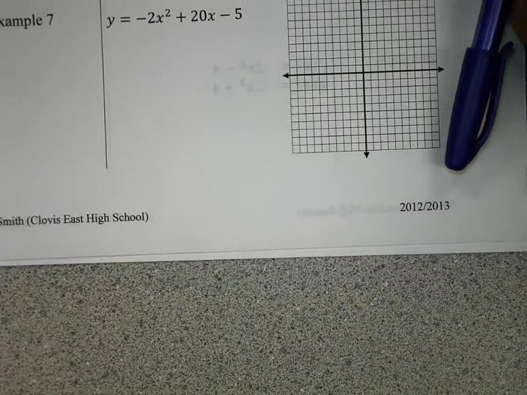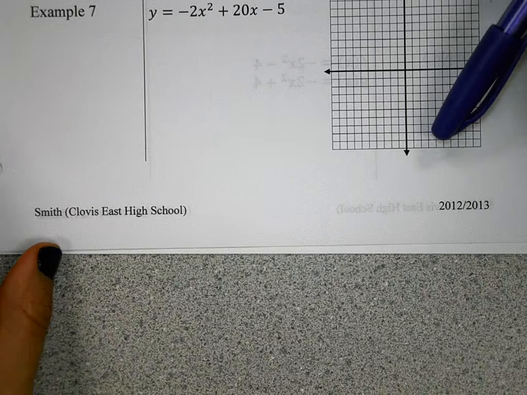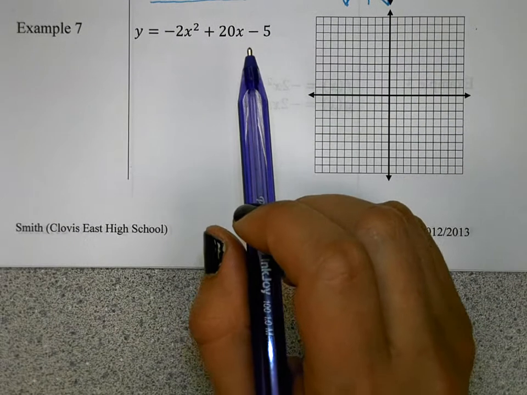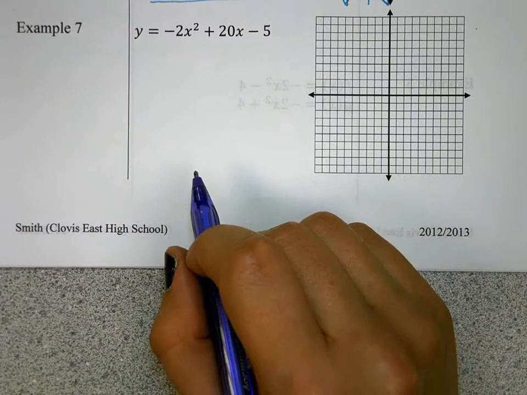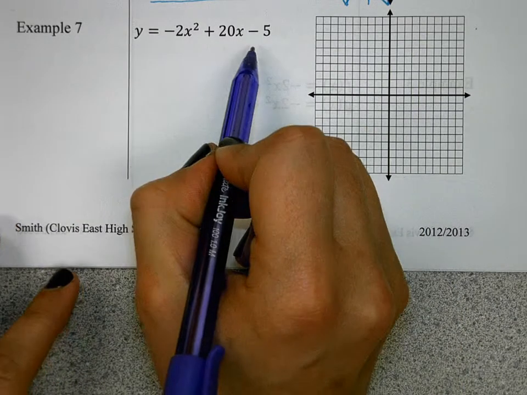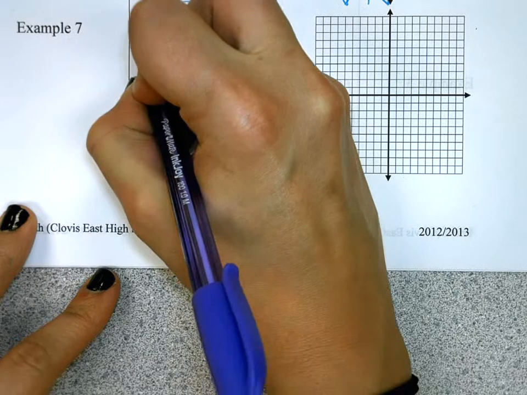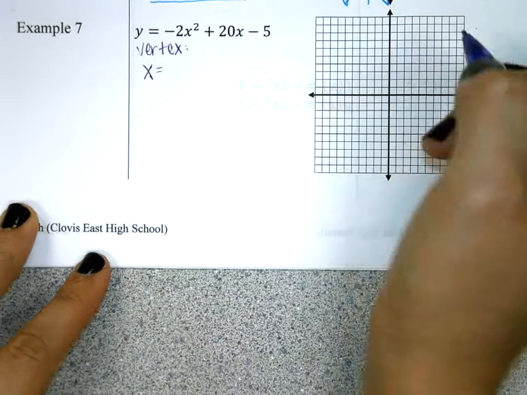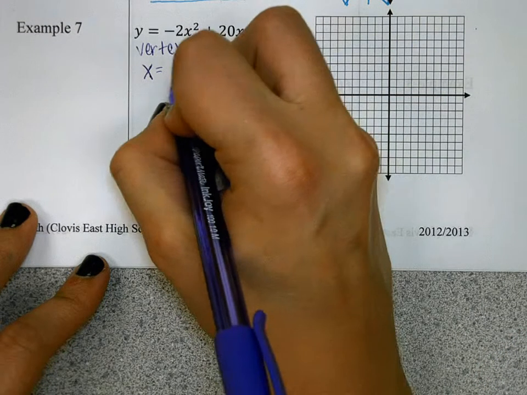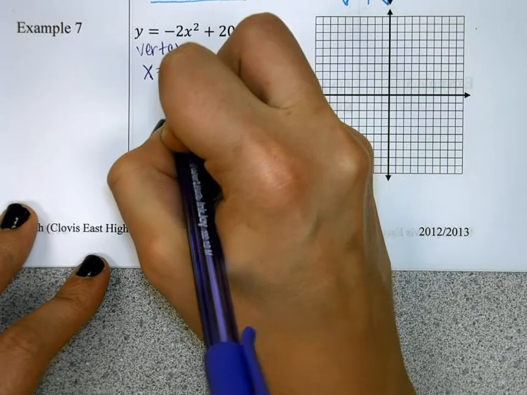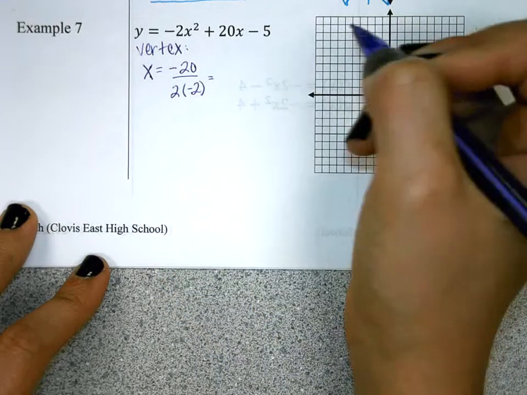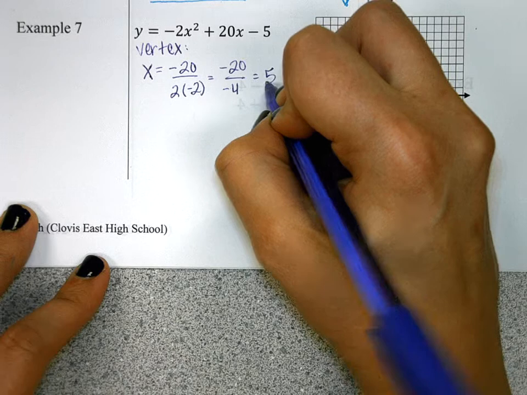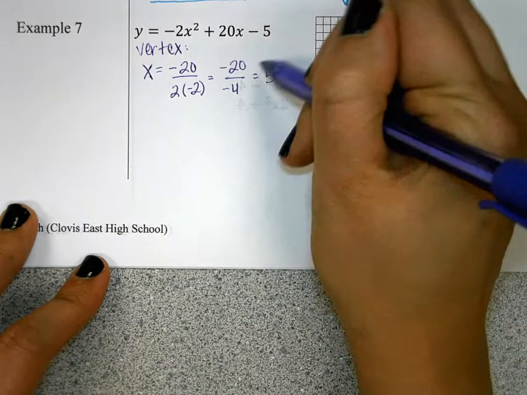So last example, example 7, we have negative 2x squared plus 20x minus 5. And this does not look like it's in vertex form, so we're actually going to have to do the old-fashioned way, which means we have to use x equals negative b over 2a, which is negative 20 over 2 times negative 2. So that's negative 20 over negative 4, so the x-coordinate is positive 5. And then we take that x-coordinate and plug it back in.